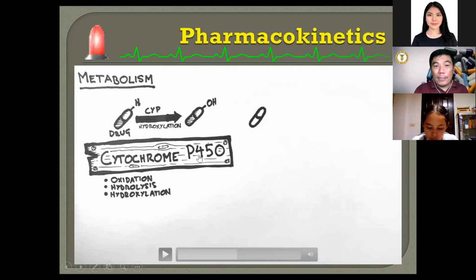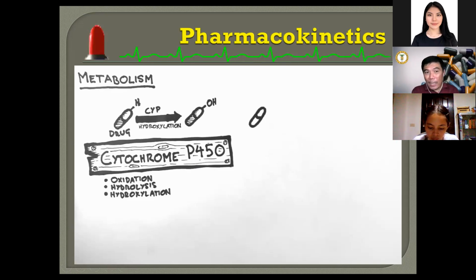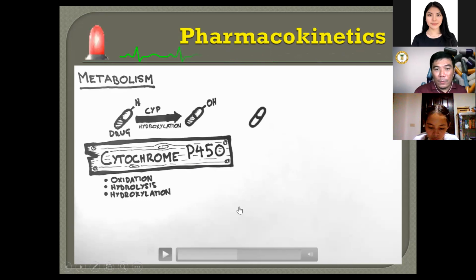However, with cytochrome P450, the liver may undergo three processes: oxidation, hydrolysis, hydroxylation. But the bottom line of these three processes is oxygenation. Okay? So oxygenation is very important to process the cytochrome and metabolize the drug.